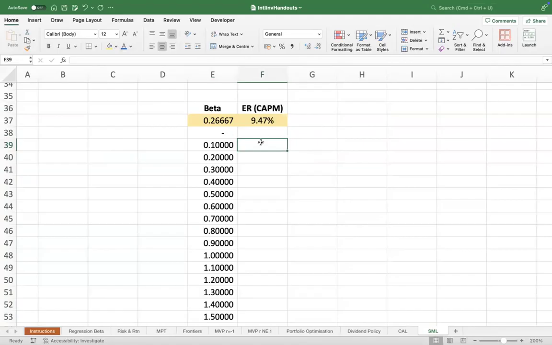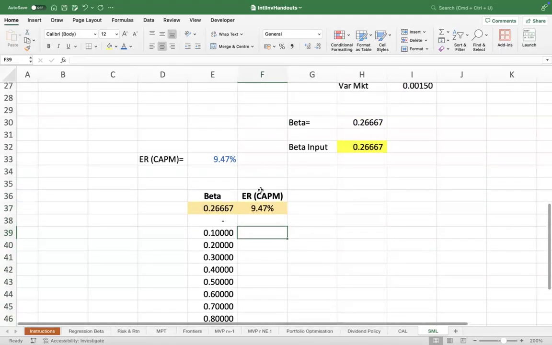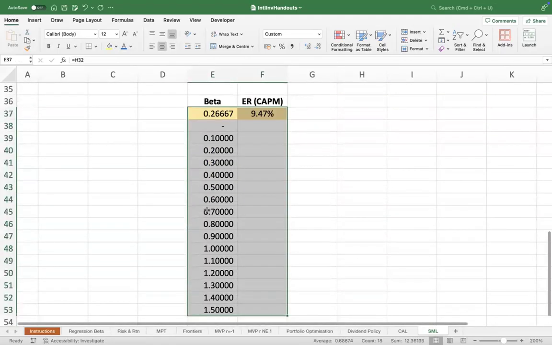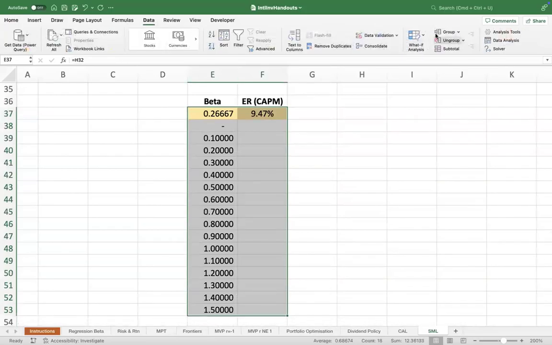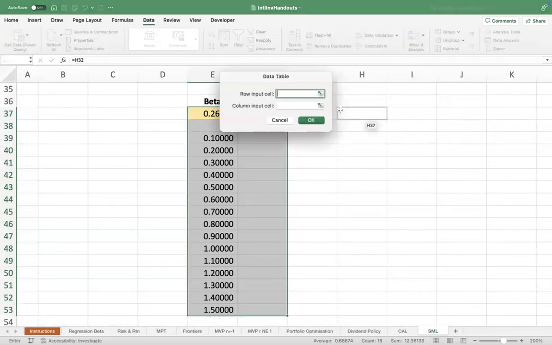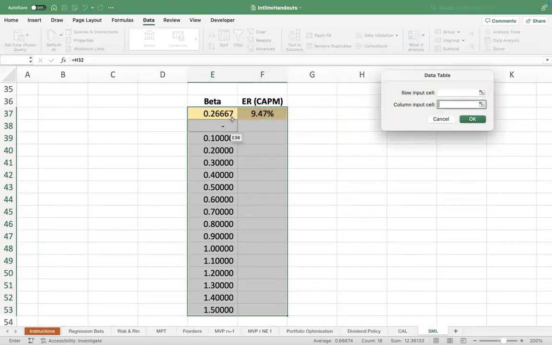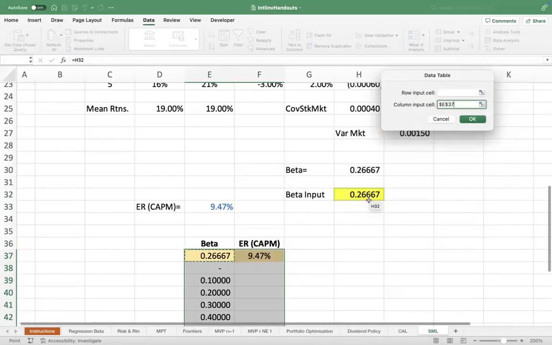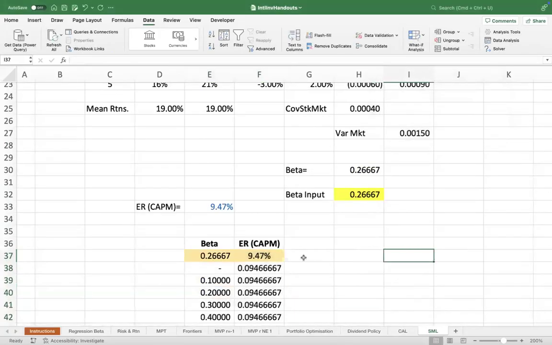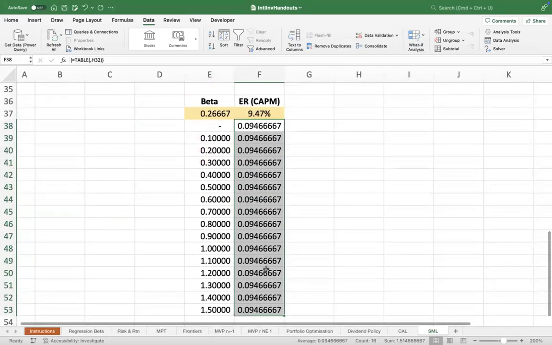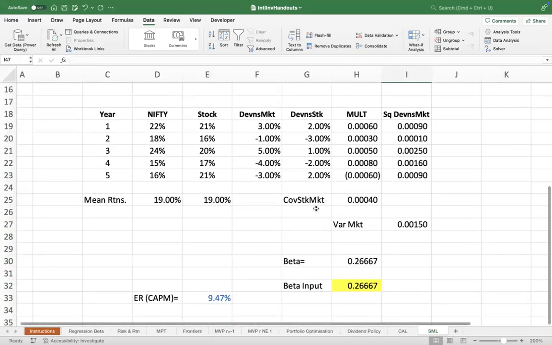And now we can find out the expected return using the CAPM model. If I use the data table technique, I can use this as my column input cell, the beta input, and find out what is the expected return. I just need to link it to this one.